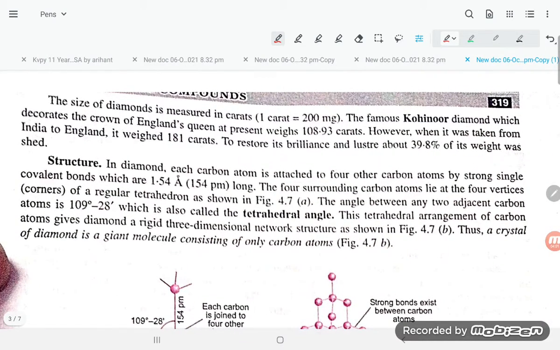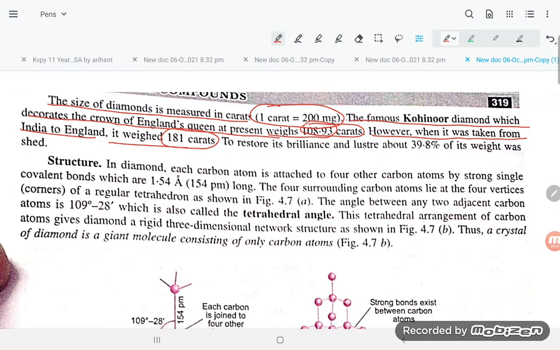The size of diamond is measured in carats. 1 carat is equal to 200 milligrams. The famous Kohinoor diamond, which decorates the crown of the Queen of England, at present weighs 108.93 carats. However, when it was taken from India to England, it weighed 181 carats.